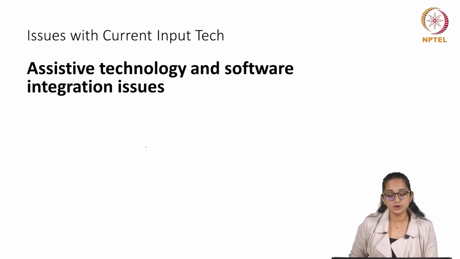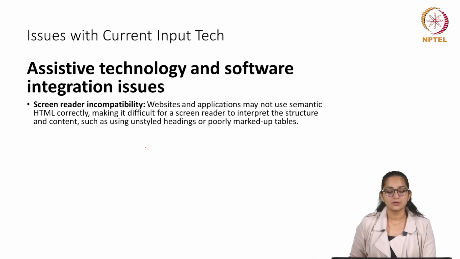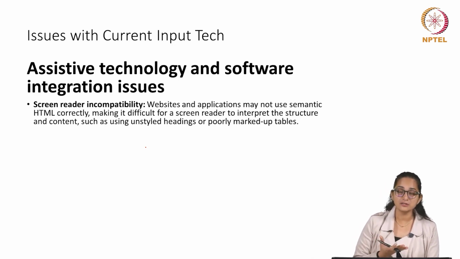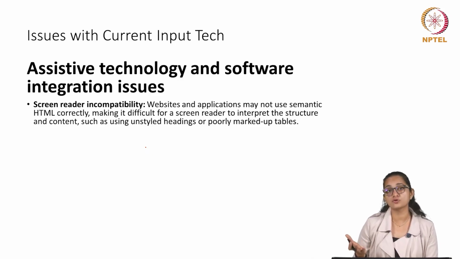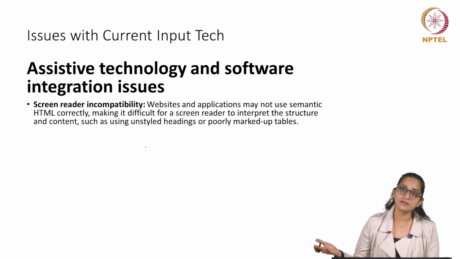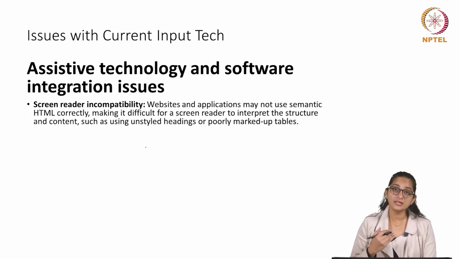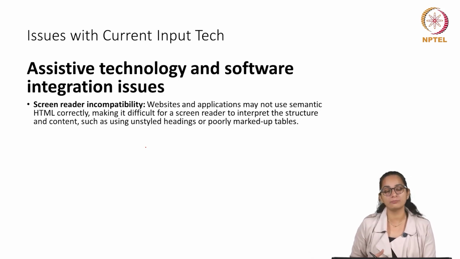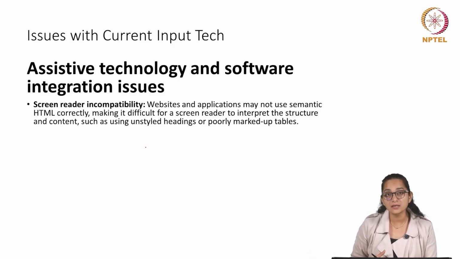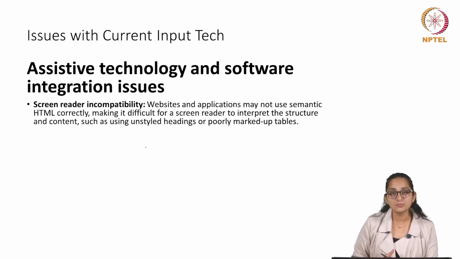The third category of issues comes under the assistive technology and software integration aspects. For example, a screen reader is an assistive technology which makes software, websites and apps accessible to persons with visual impairment, but if your software is not compatible, the architecture is not built in a way that a screen reader is able to access, the labels are not present, the headings are not present, that means it is largely incompatible with a screen reader.